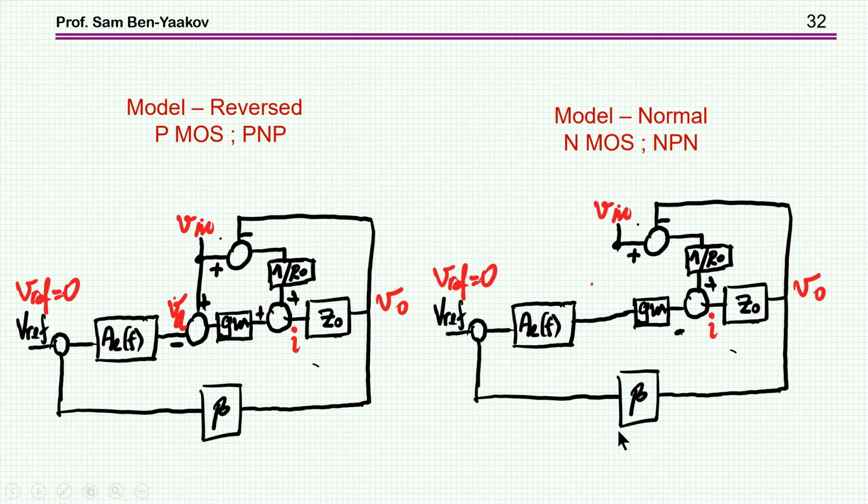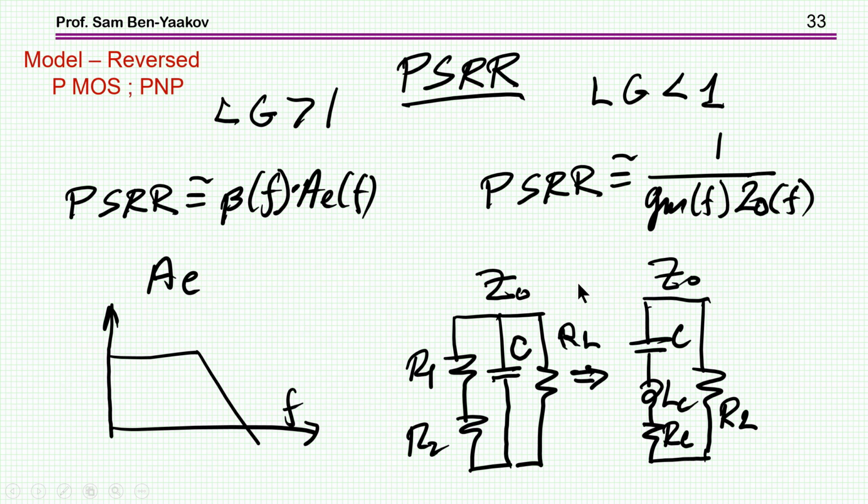So let's now compare the two cases, the reverse mode, which we just analyzed, and the normal mode. In the normal mode, we just don't have this path here. It's only left with this. So this is just a residual transfer through the resistor of the element, the path element that we have in the circuit.